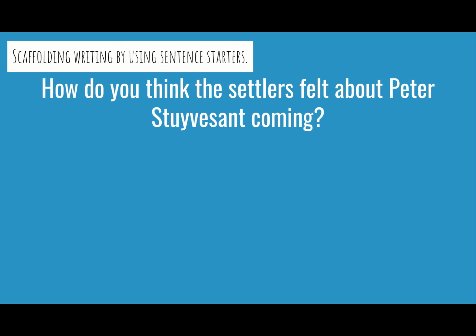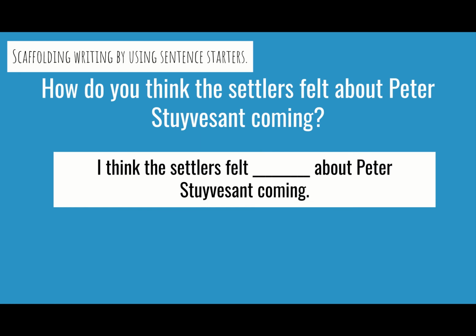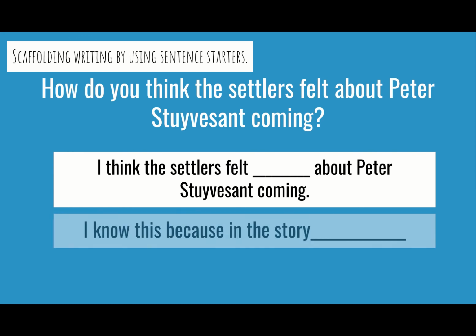So one way to scaffold writing, especially if your students are still struggling to get their sentences going, is always to talk about the skill of restating the question into a sentence and doing that by helping them with sentence starters. So you could have something like, "I think the settlers felt blank about Peter Stuyvesant coming."